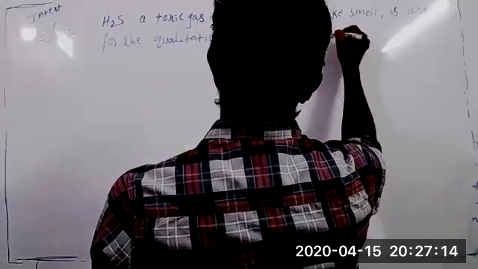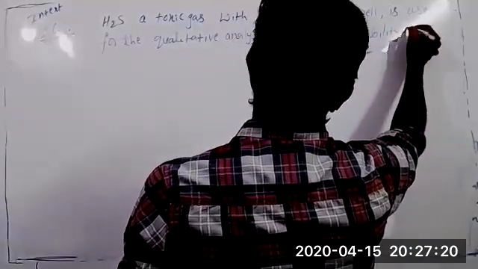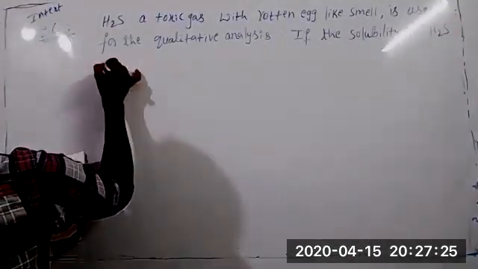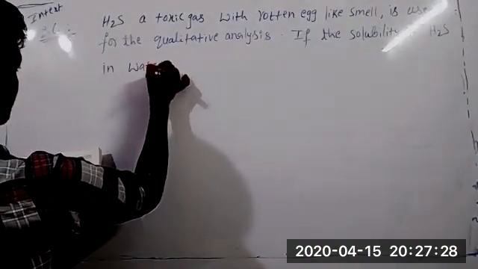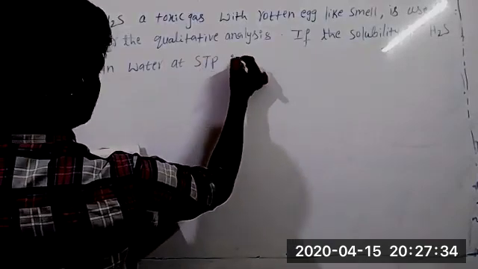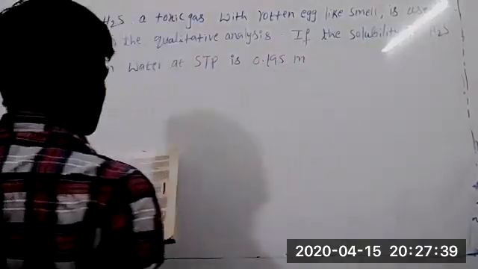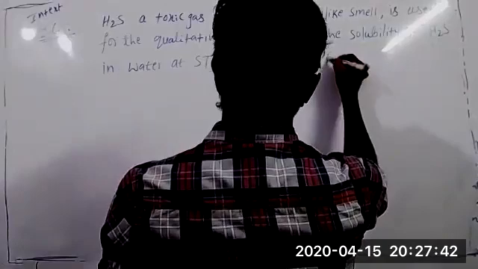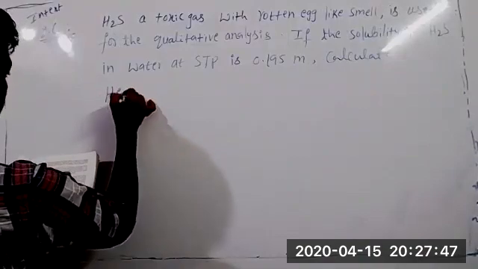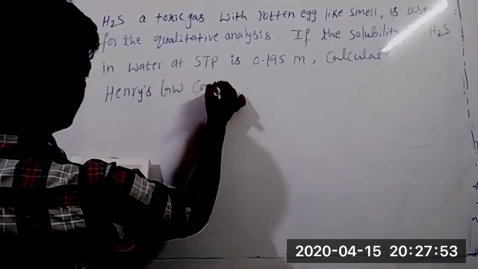If the solubility of H2S in water at STP is 0.195 m molal. Small m means molal. Calculate Henry's law constant.